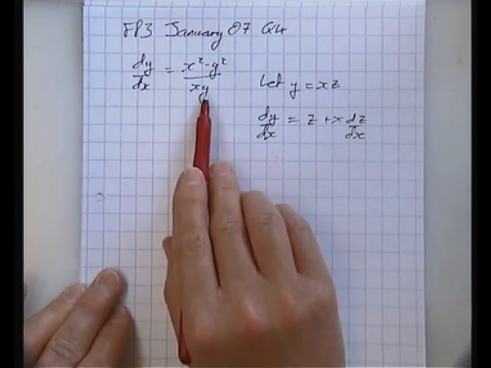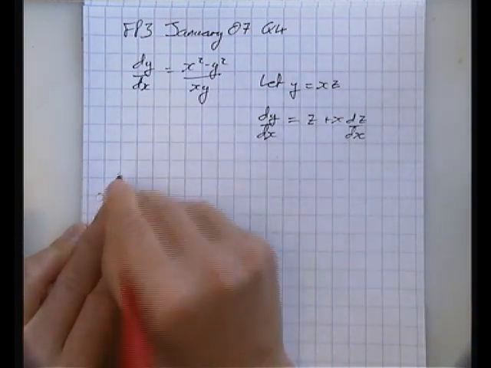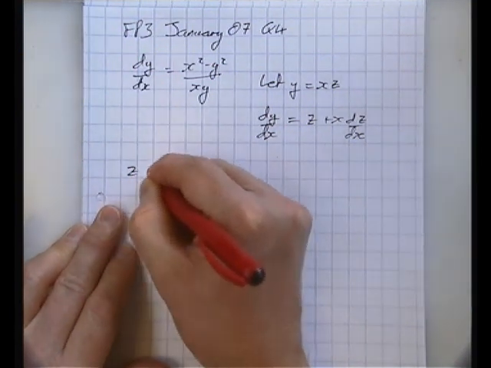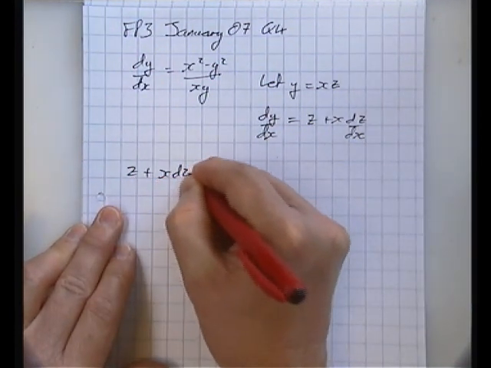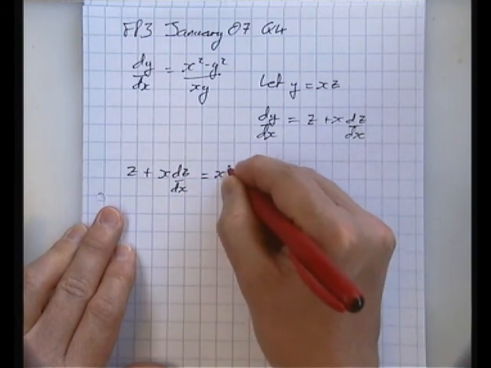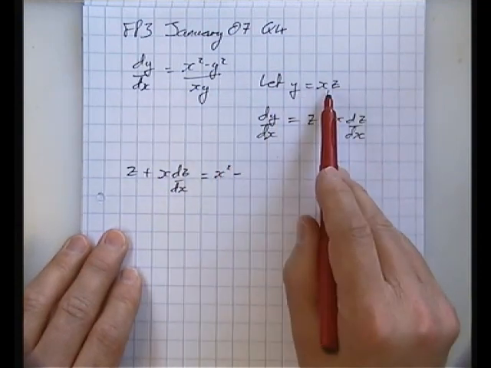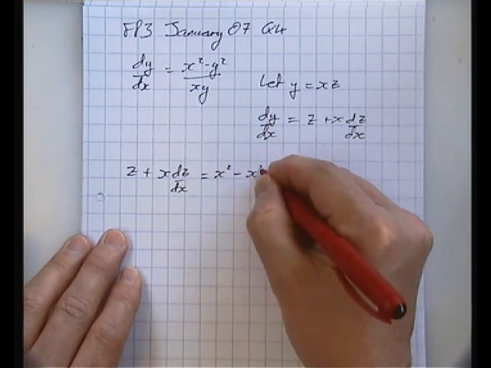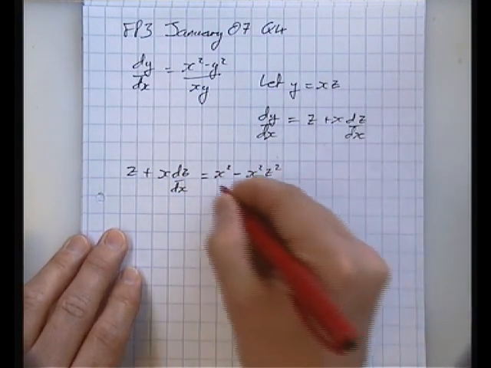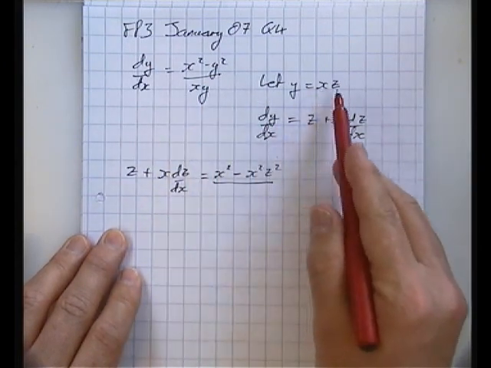Now, I can then rewrite my whole differential equation using this substitution and get here z plus x dz/dx is equal to x squared, now minus y squared. Now y is xz, so I can write that as x squared z squared, all divided by, well, x times y is going to give me x squared z.